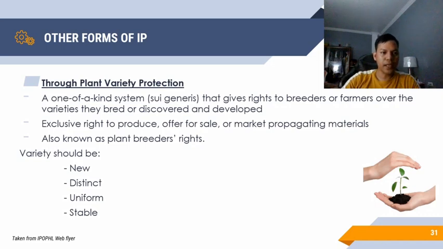It is a one-of-a-kind system that gives rights to breeders or farmers over the varieties they breed or discover and develop. Also, the exclusive right to produce, offer for sale, or market propagating materials, also known as a plant breeder's right. So there are different varieties: new, distinct, uniform, and stable.